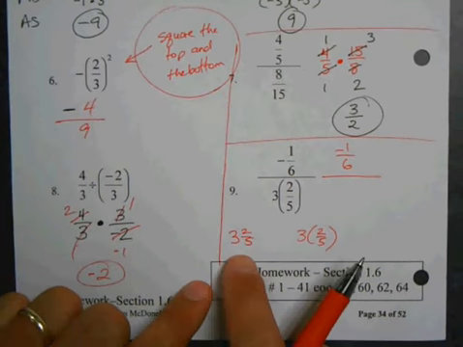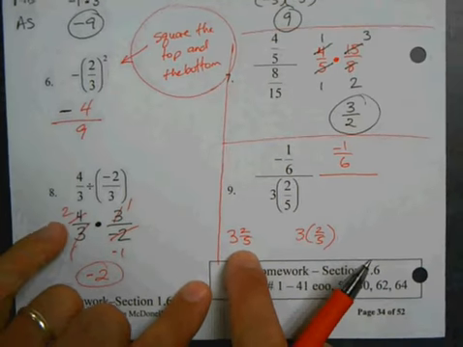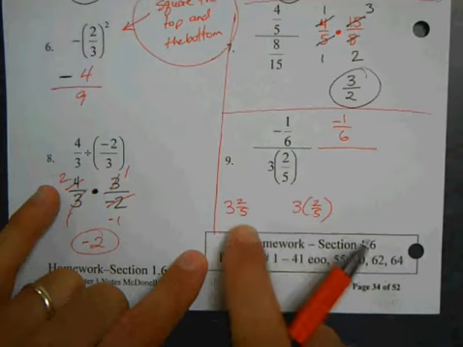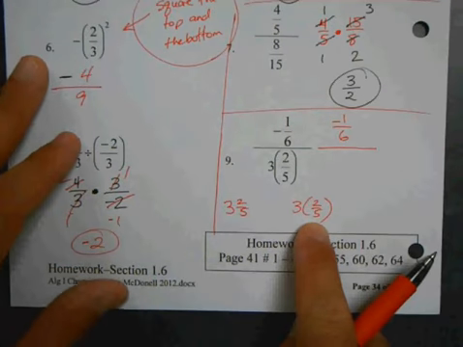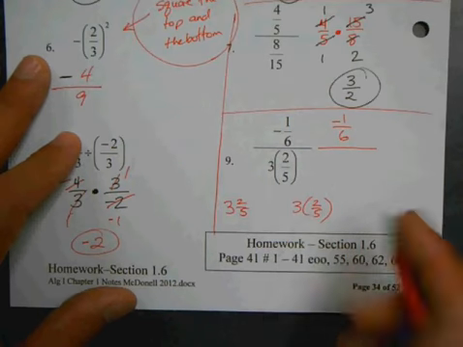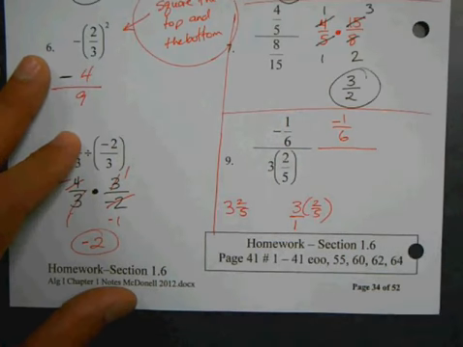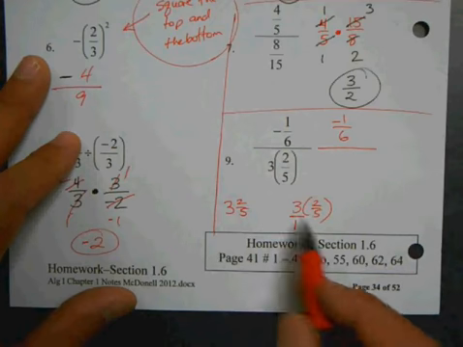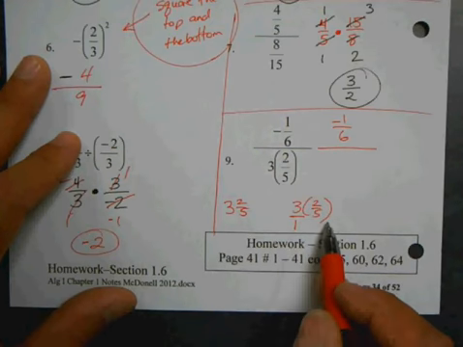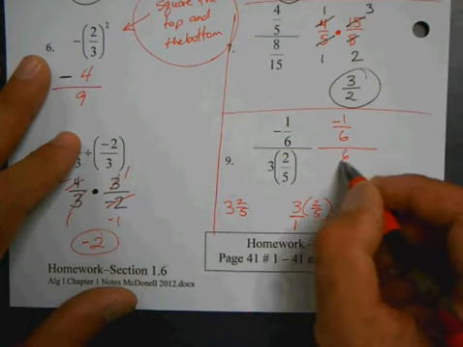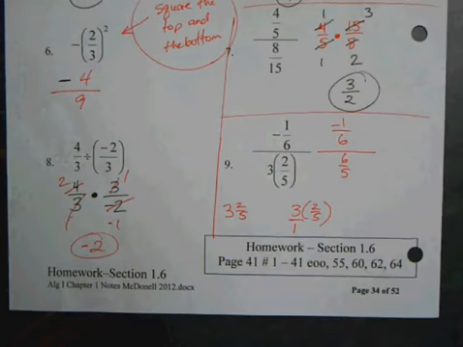This is 3 2/5, which is 17/5. Sorry, you can't see that. This is 3 times 2/5. You see the difference? So here we're going to say 3/1. And now multiply straight across, and what do you get? 6/5. You see the difference there, Dylan? And that's why I wrote that one, because I want to emphasize that one point that you just brought up.